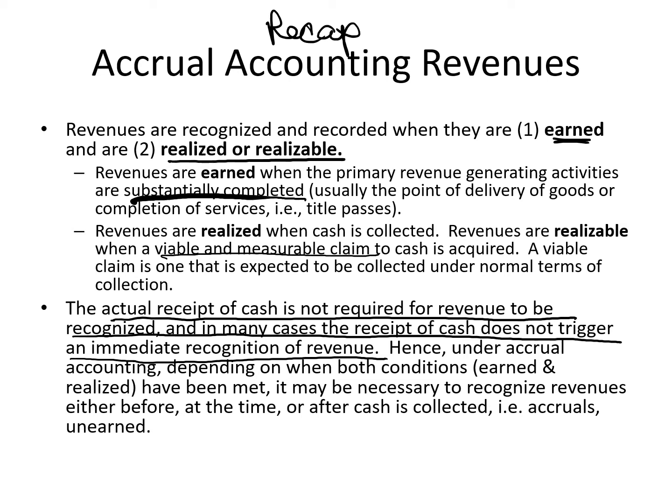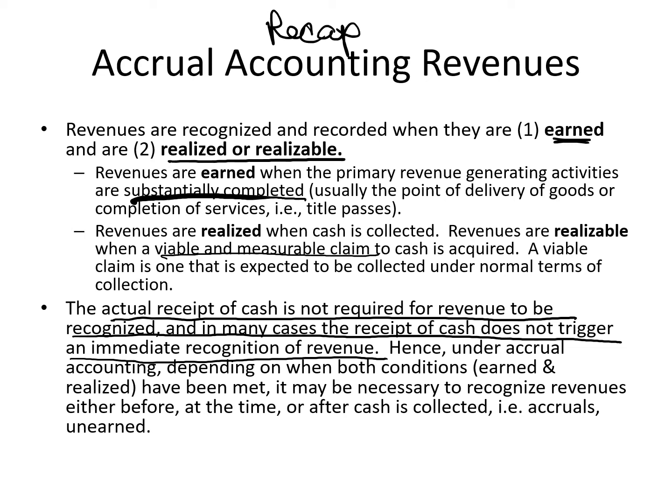We also realize that revenues are realizable when they're viable and there's a measurable claim to the cash to be acquired. A viable one means that the customer is good for it. So the actual cash receipt is not required for revenue to be recognized.